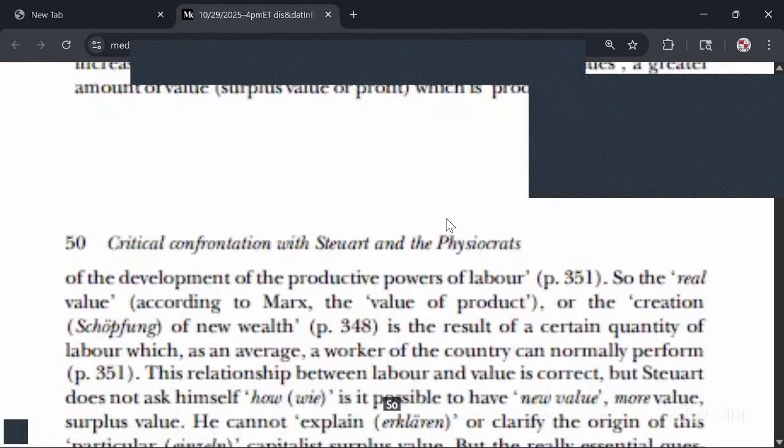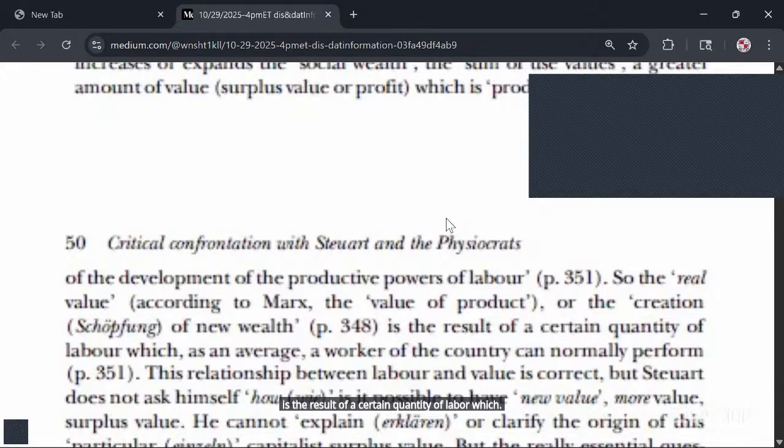So the real value, according to Marx, the value of the product, or the creation of new wealth, is the result of a certain quantity of labor, which, as an average, a worker of the country can normally perform.